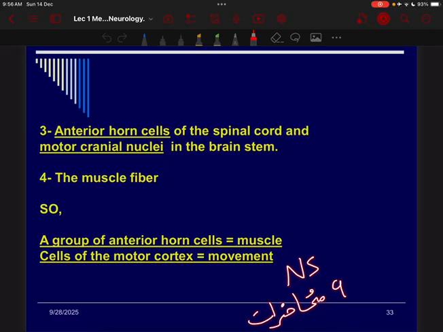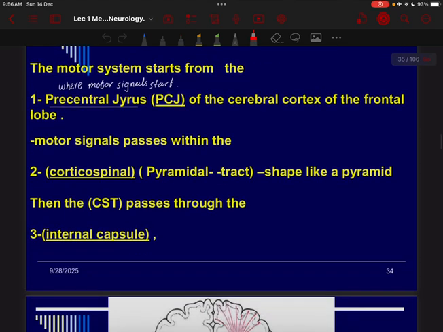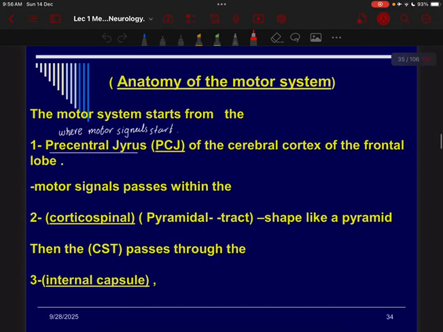Now, if we discuss the anatomy of the motor system, we start with the motor area. This motor area is called the precentral gyrus, PCG.